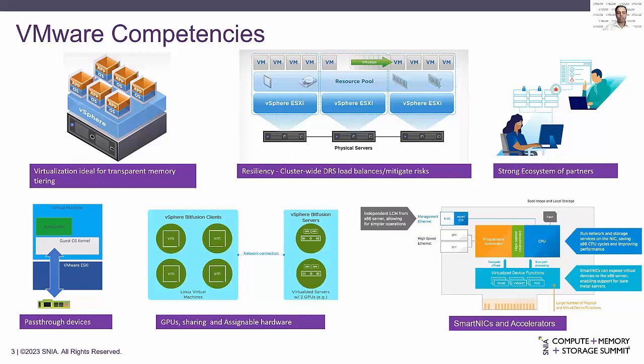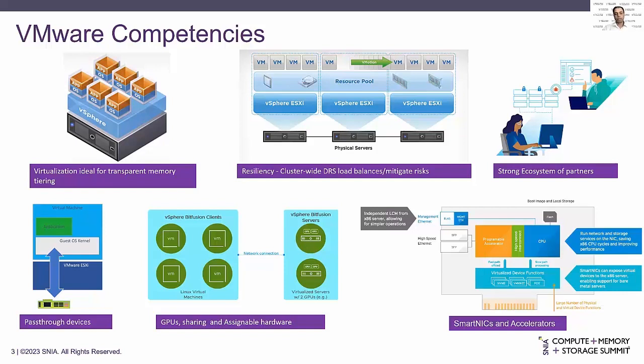So at the bottom, I show some of the example use cases that we started supporting recently, such as, we supported some innovations such as pass-through devices, where the hardware is passed through to applications if required. We also did things like sharing of GPUs and assignable hardware.